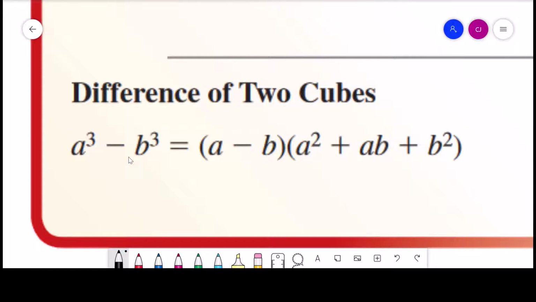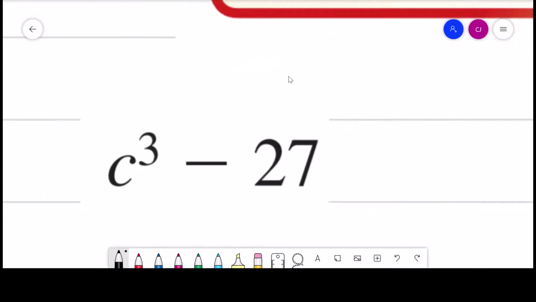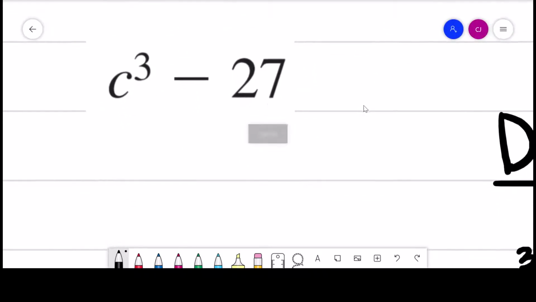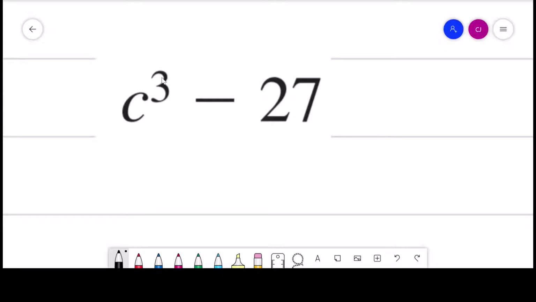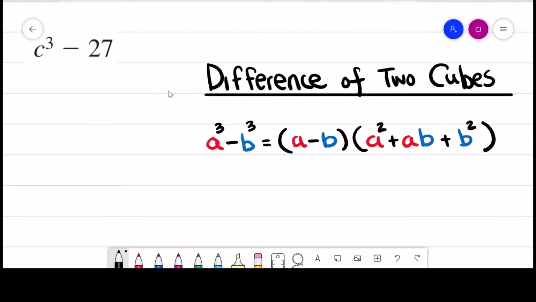So let's look at an example where this special factoring pattern comes into play. As you guys can see in this example here, I have c cubed minus 27. So if you see here, I have my special factoring pattern, the difference of two cubes that we saw earlier, and I replaced the known values with colors.